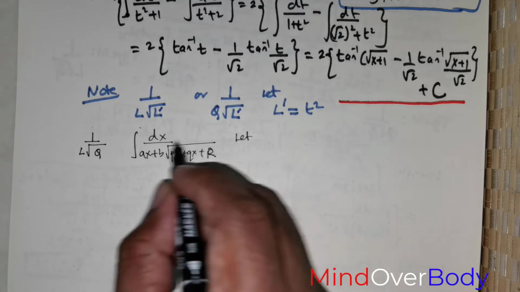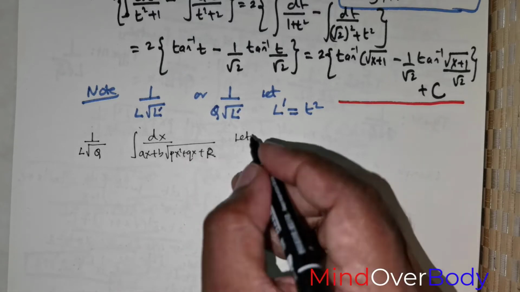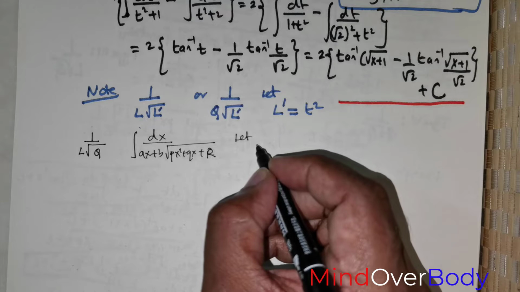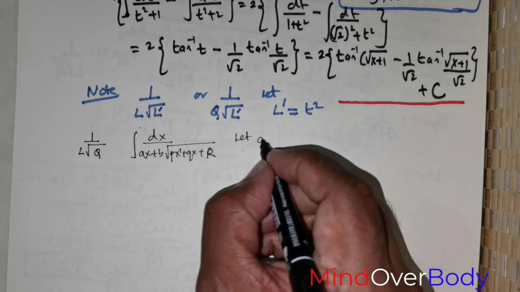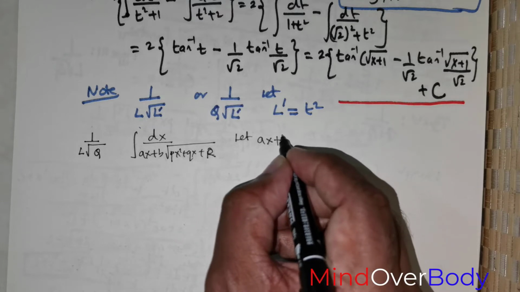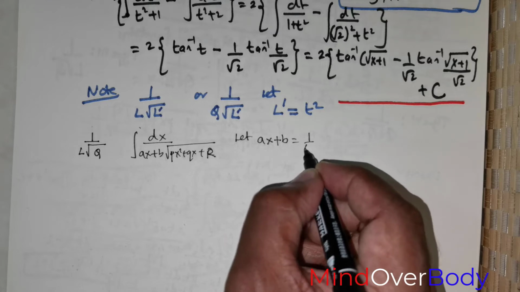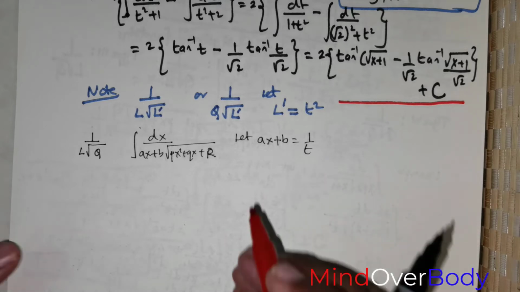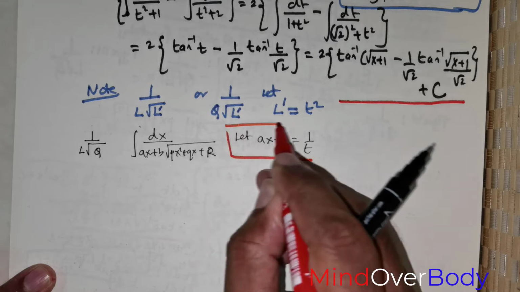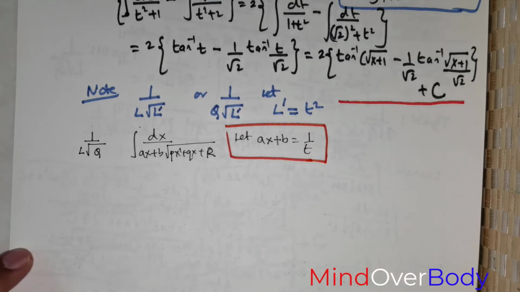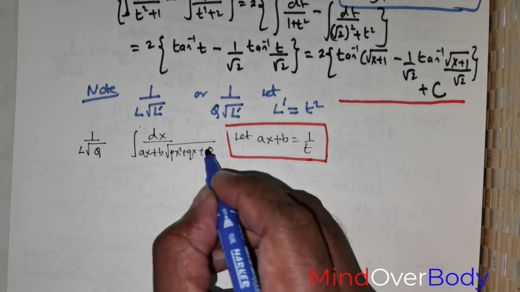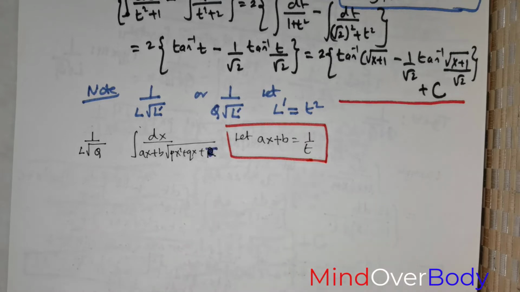Now if you have a system of this fashion, you need to make the following substitution. Take ax + b to be equal to 1 over t. So this should be the standard substitution that you will have to use. Just for the sake of being consistent, I'm taking it as lowercase r.